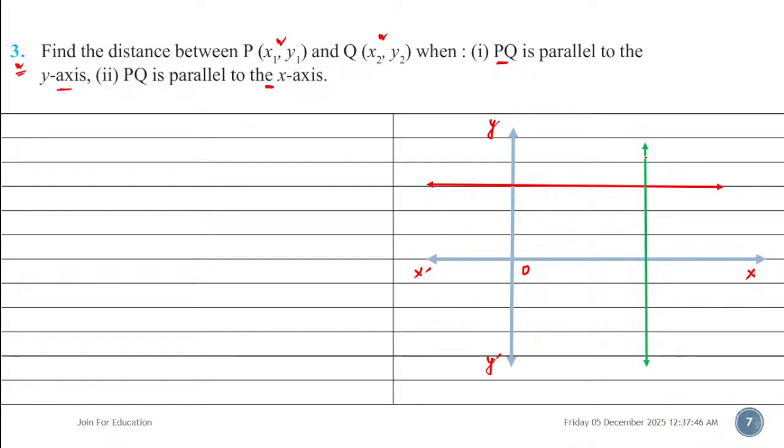So suppose this is the PQ, a line which is parallel to the what? Y-axis. In that case, PQ is parallel to the y-axis. So what will be the distance of this one? So distance of PQ will be what? So coordinate of here, what will be?